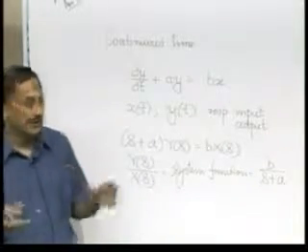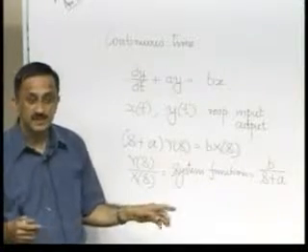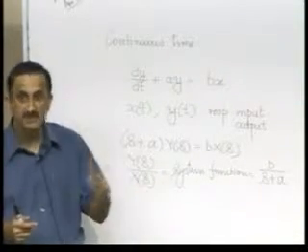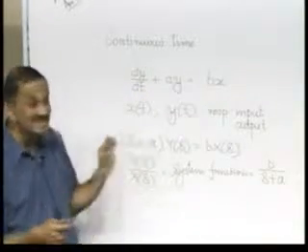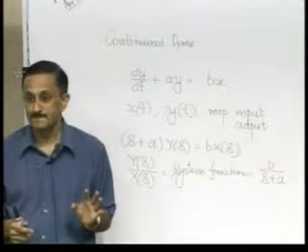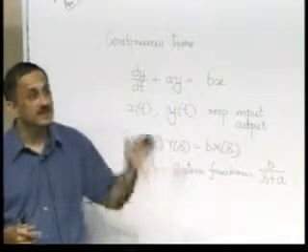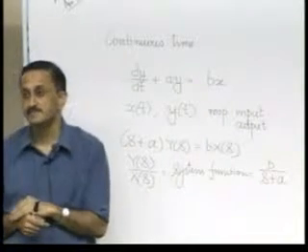And here we are talking about a linear combination with constant coefficients. In such a system description where you have constant coefficient linear differential equations, the system function is a ratio of polynomials in s. Yes?